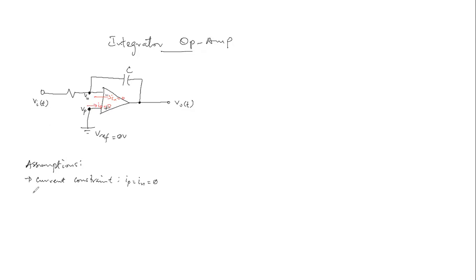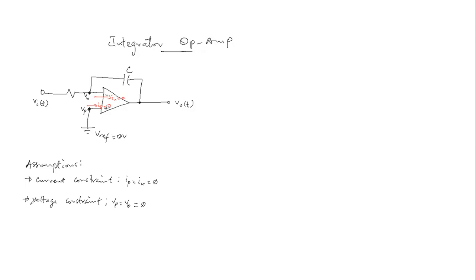And then we have the voltage constraint, which is V sub P is the same as V sub N. Okay? And in this case, V sub P is connected to ground, which is 0. So that implies that V sub P is equal to 0, and V sub N is the same as V sub P. That will be equal to 0.